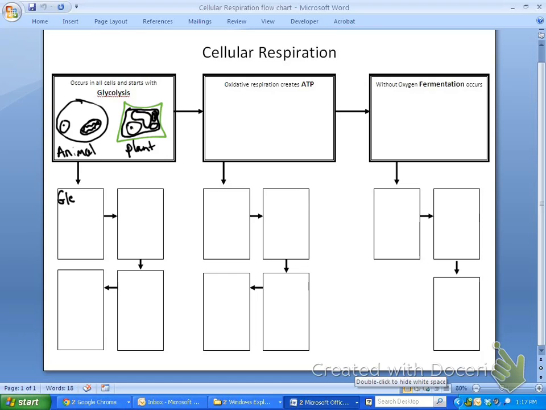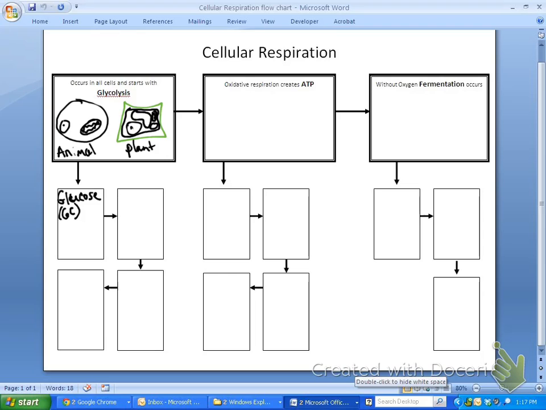So glucose has how many carbons? C6. Right, so it's a 6-carbon sugar.